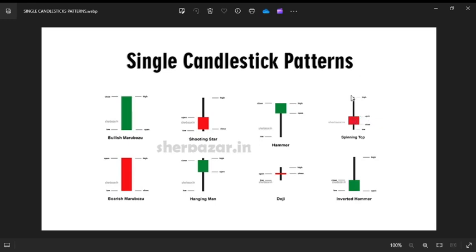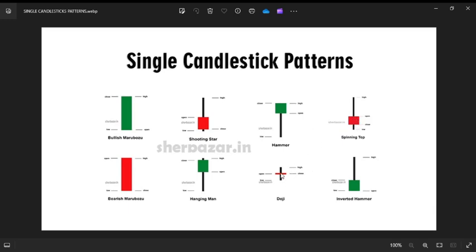It has a long wick to the upside and a wick to the downside as well. Market opens high and then closes low. We have the spinning bottom as well, which is usually the same as this, just that the color is green.